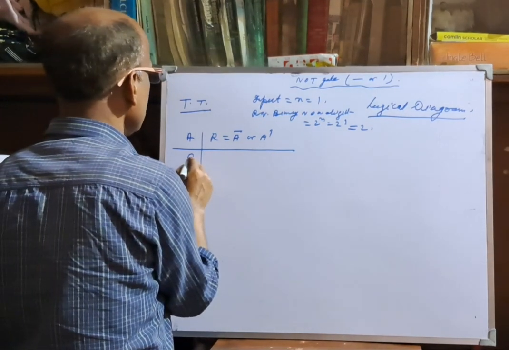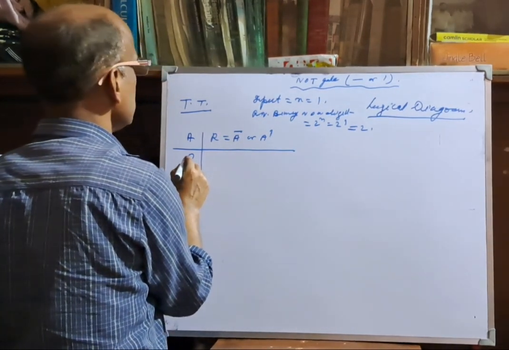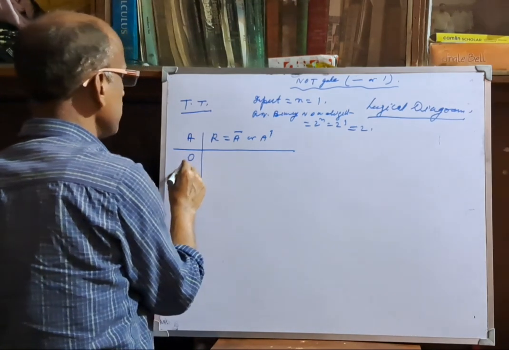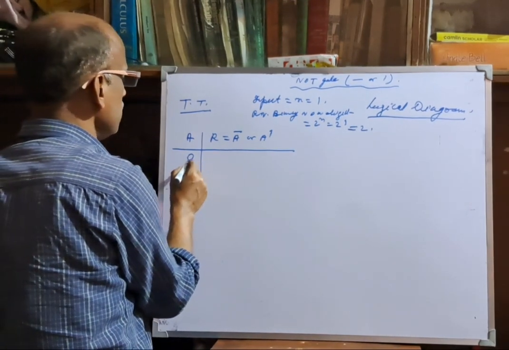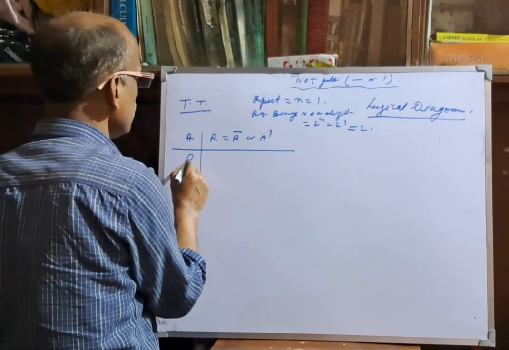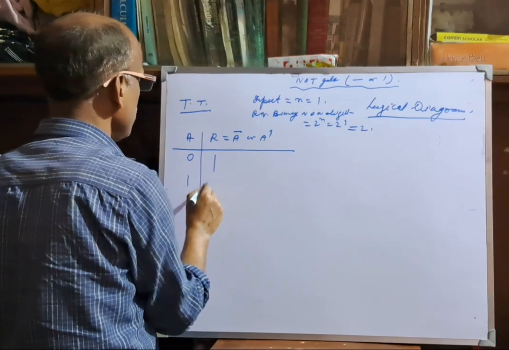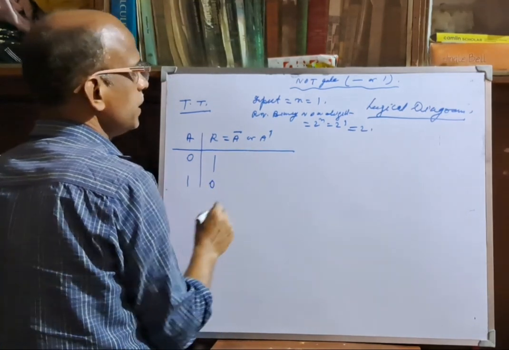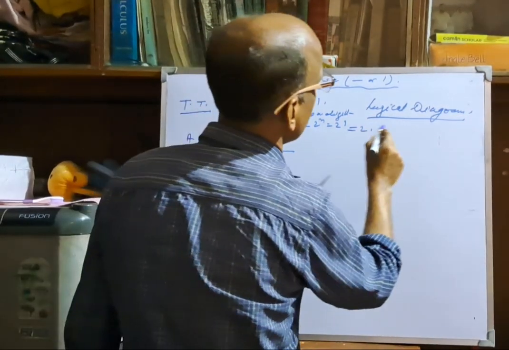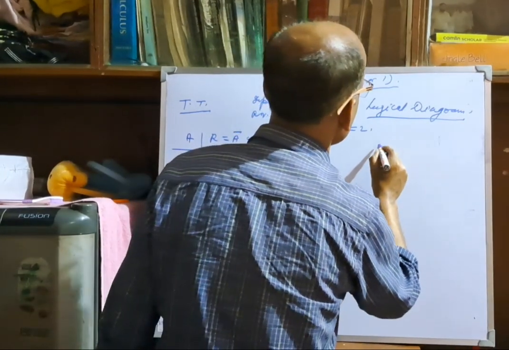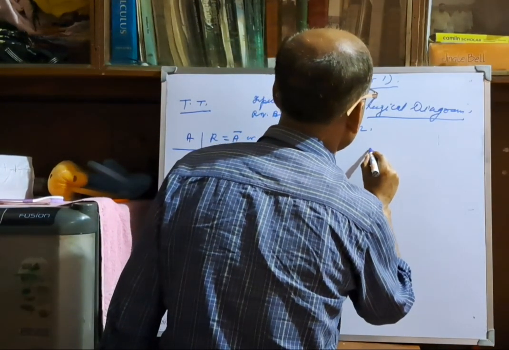And the complement, or negation, or you can say the NOT of this, is 1 for 0, and 0 for 1. So in this case this will happen, and I am going to draw the logical diagram. You just see the logical diagram.